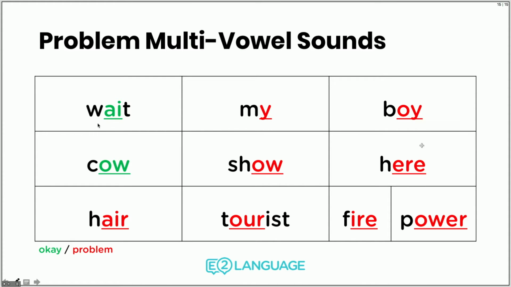In Dravidian languages, you have 2. So you have A, as in wait, that's fine. And ow, as in cow, that's fine. But what about my, and boy, and show, and here, and hair, and tourist, and fire, and power.